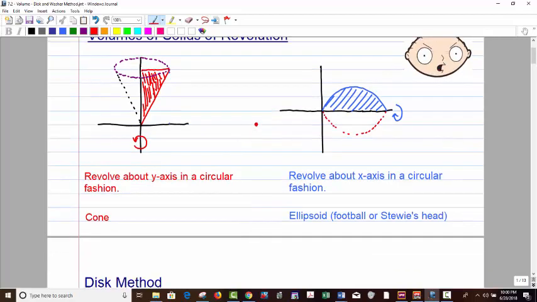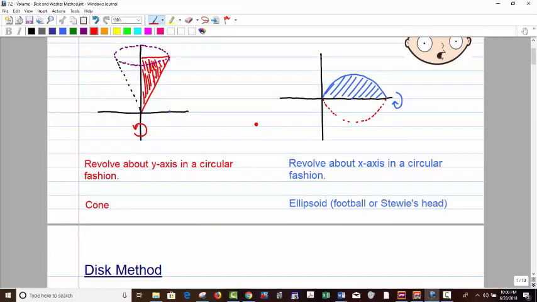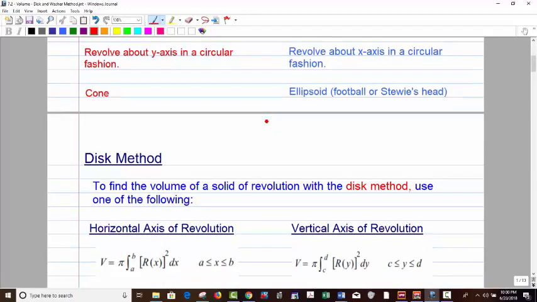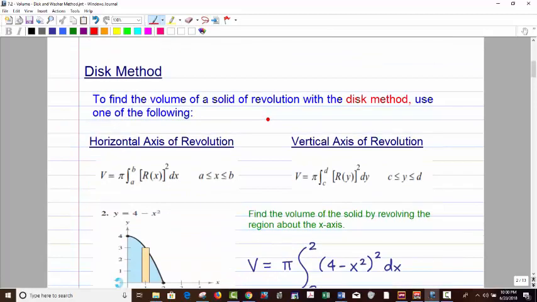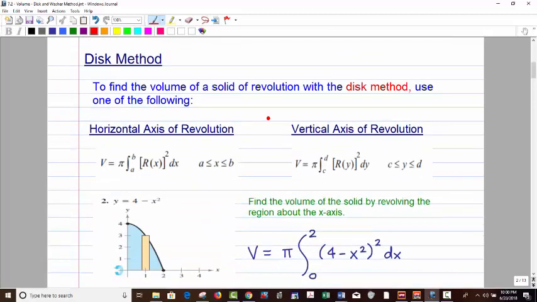All right, so let's see how this is done. And we'll talk about what's disk and what's washer. Now, basically, the disk method means that when you revolve your graph, there's no gap or space left in it.